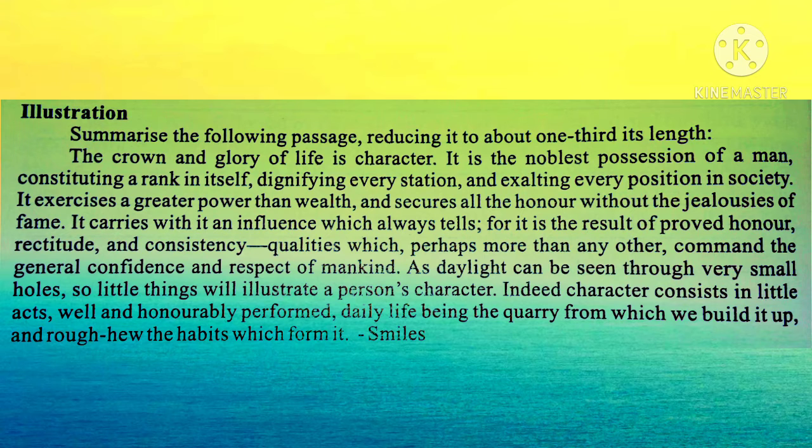The crown and glory of life is character. It is the noblest possession of a man, constituting a rank in itself, dignifying every station and exalting every position in society.